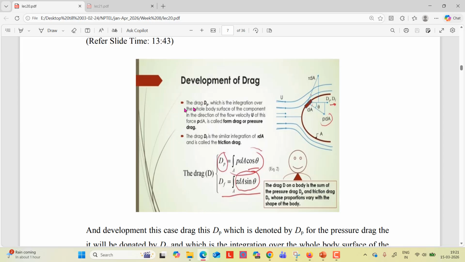So here you see the drag dP, the force component along the flow direction, which is defined as the integration over the whole body surface of the component in the direction of the flow u of this force PdA, right?